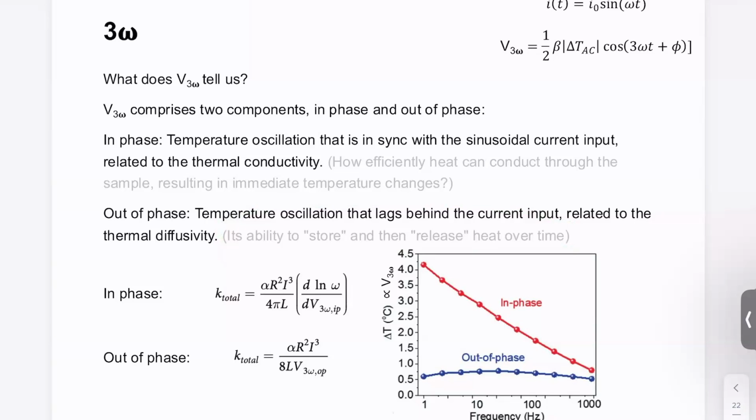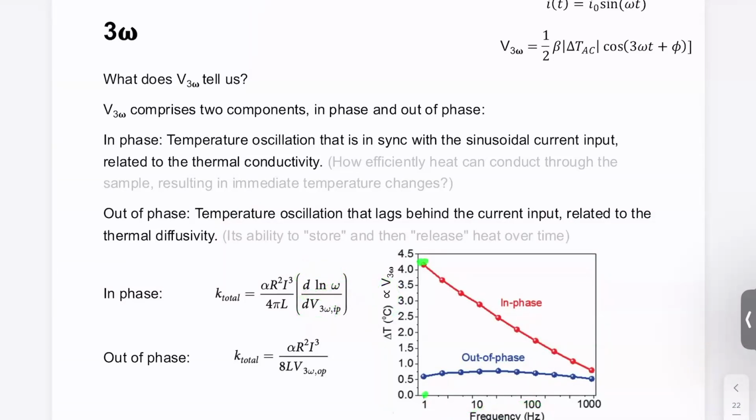So we can use the in-phase term to measure our thermal conductivity. And the equation here tells you your thermal conductivity is proportional to a slope. What is this slope? You change your measurement frequency, then you monitor your V3 omega.